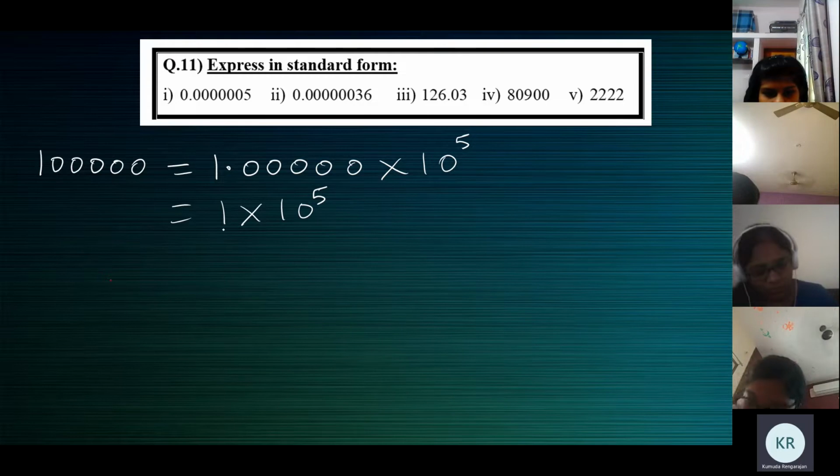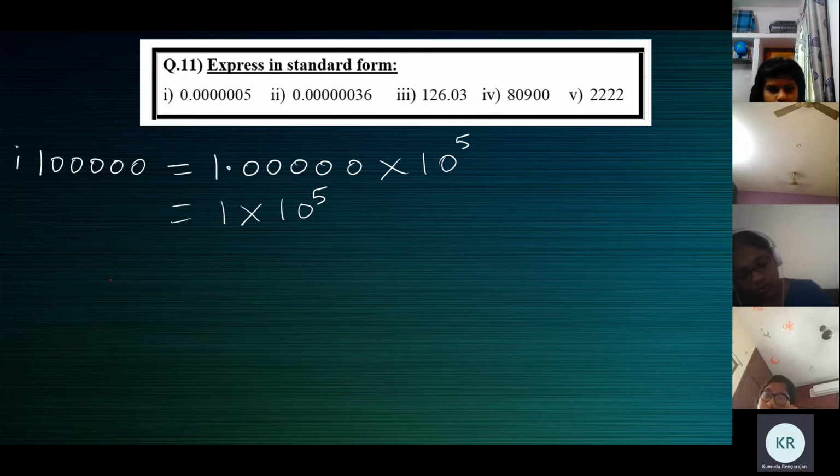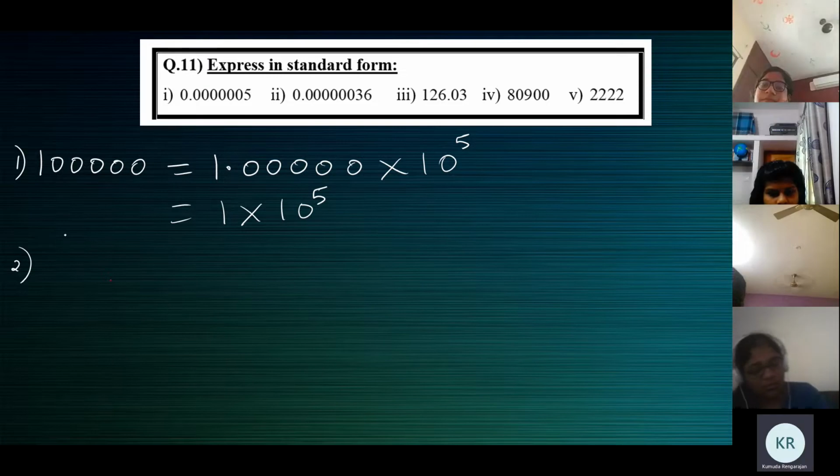So you can see the value of k can be 1. Anything more than or equal to 1, but less than 10. Correct. Who wants to try the second one? Ma'am, shall I? Okay, Swati.